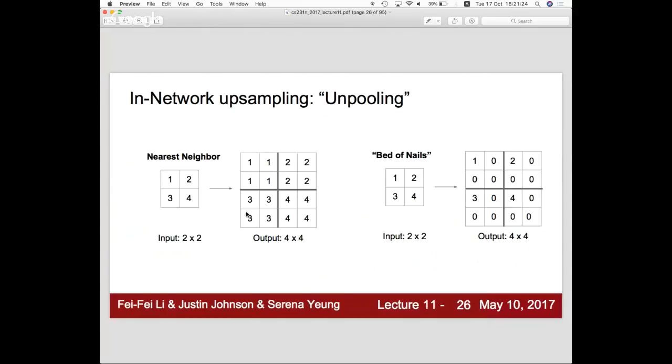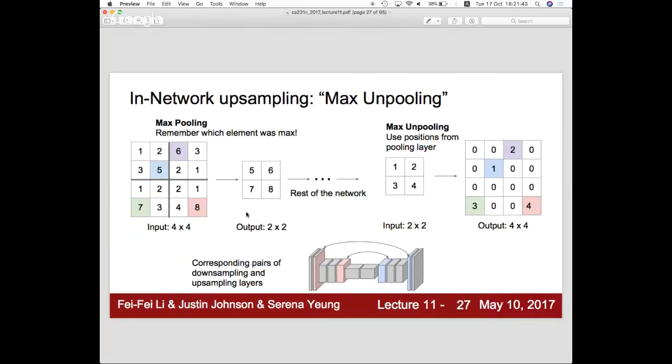And another function we can do is we just use 1, 2, 3, 4 in part of the matrix and make the rest 0, filling up the whole matrix. And another unpooling method is max unpooling, which is very classic.